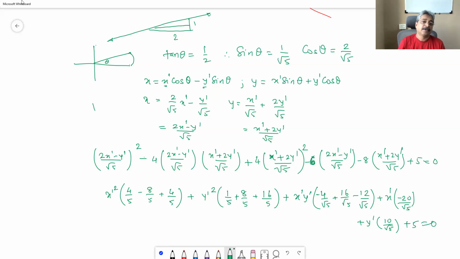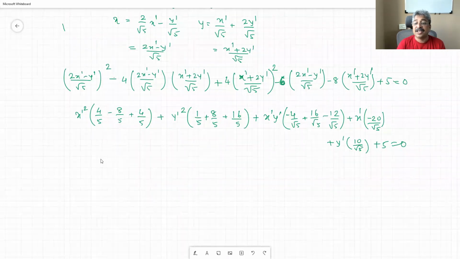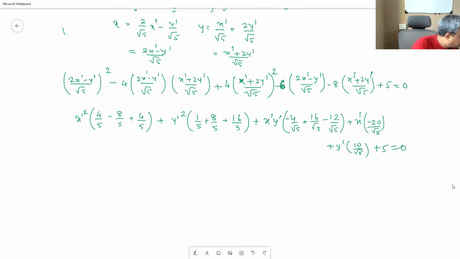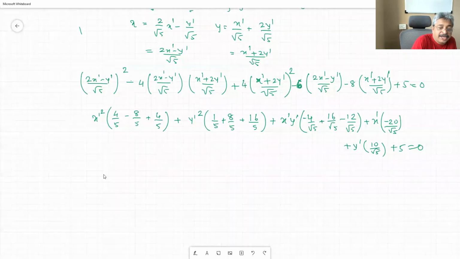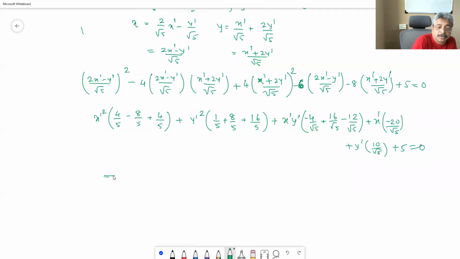बरोबर आहे, इज इक्वल. So let me write down the simplest expression after multiplying throughout by root 5. We get, sir, won't it be y dash times minus 10 by root 5? Minus 16 plus 6.